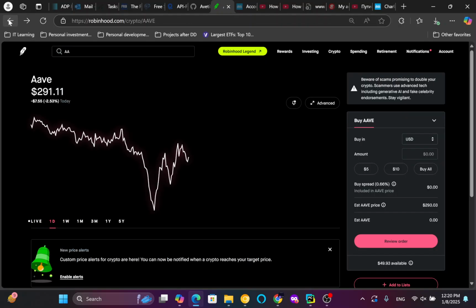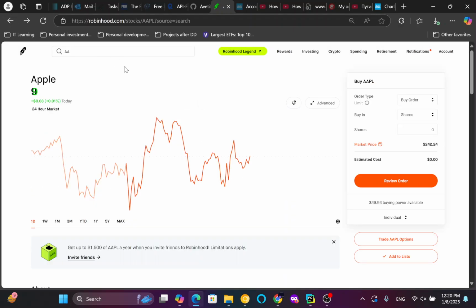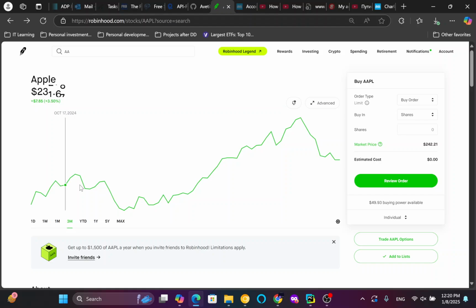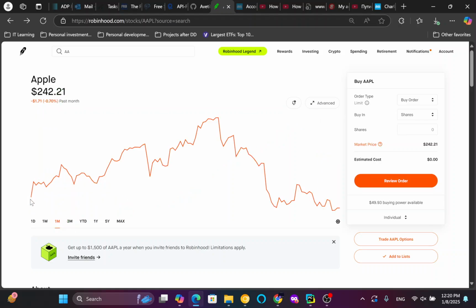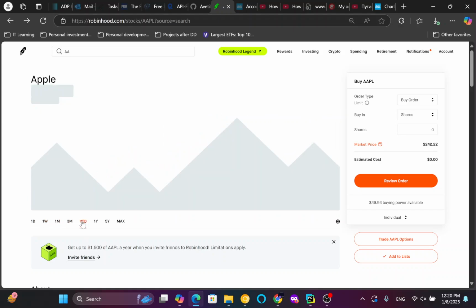And let's see also the price movement to understand how the stock performs overall. Like in 3 months, we can see that the chart is green, so the end period was higher than the beginning period. While for 1 month, we can see 243.92 versus 241.86, which means the stock went down in a 1 month time frame by $1.